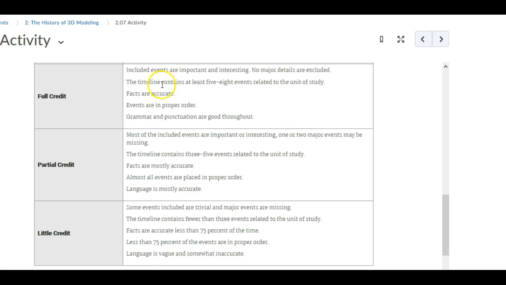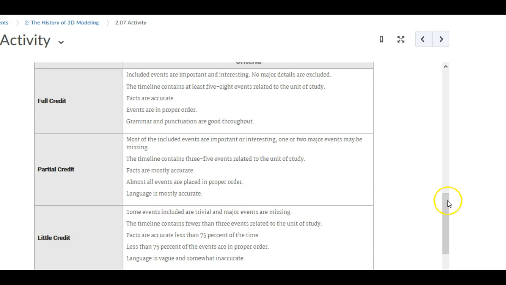So your timeline needs to contain at least 5 to 8 events related to the unit of study. You may want to start with Walt Disney. I don't know. It's up to you. You just choose where you want to start. Okay? And just read over the rubric.